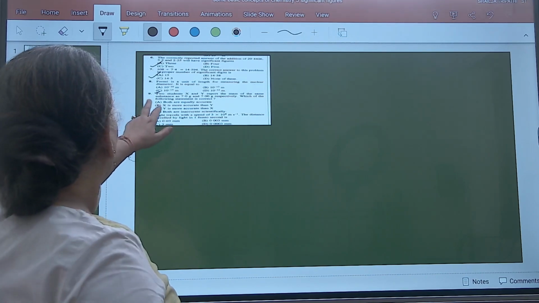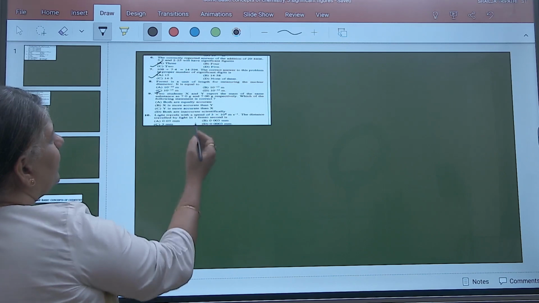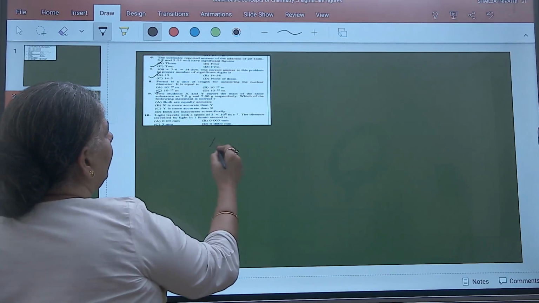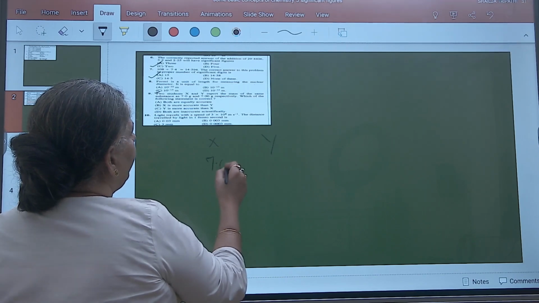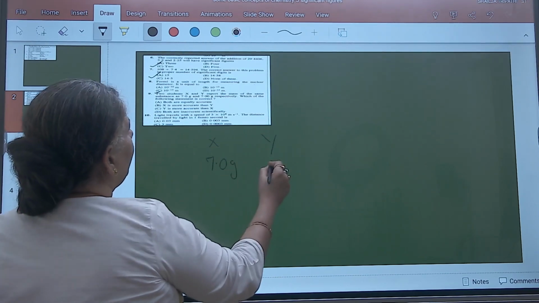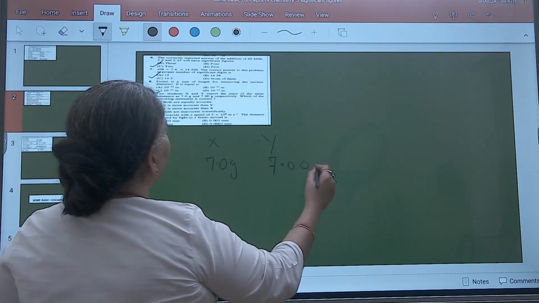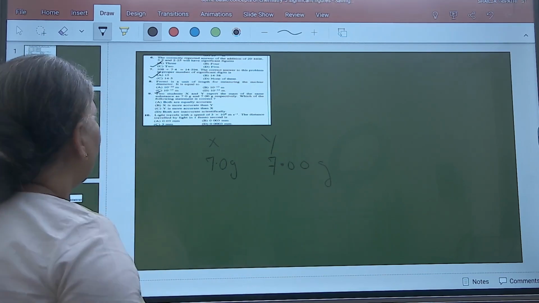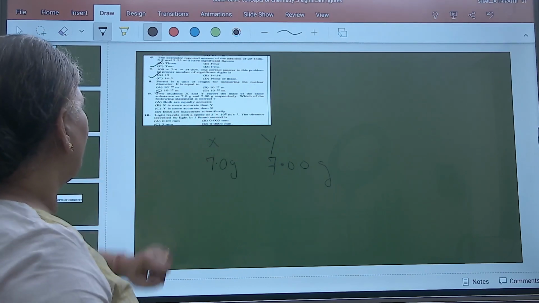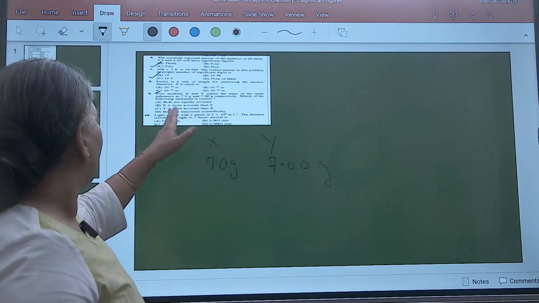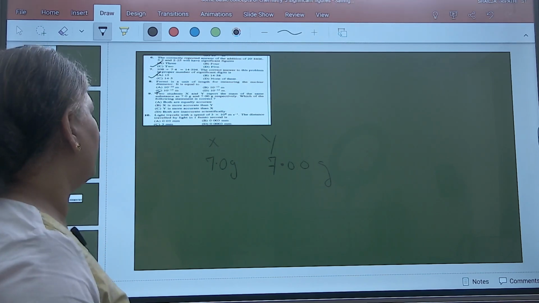Now the next question says two students X and Y reported the mass of the same substance as 7.0 gram and 7.00 grams respectively. Which of the following is correct? Both are equally accurate, X is more accurate than Y, or Y is more accurate than X, or both are inaccurate scientifically.